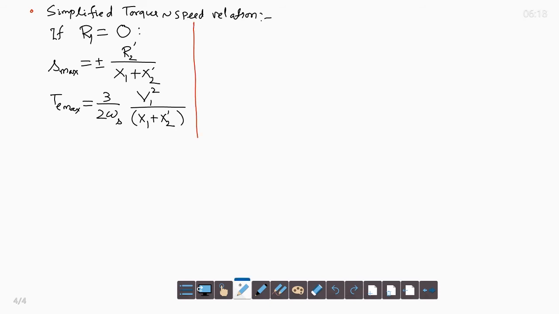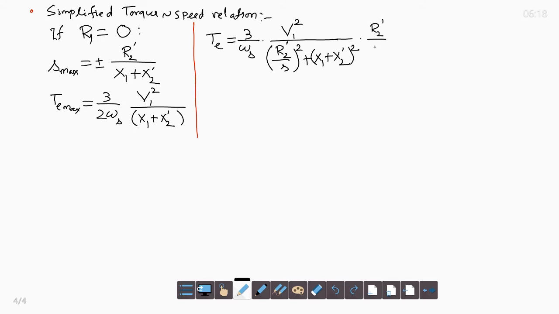You can substitute R1 equal to 0. And so, what is the torque TE? That is 3 by omega s into V1 square divided by R2 dash by s square plus X1 plus X2 dash square, into R2 dash by s.